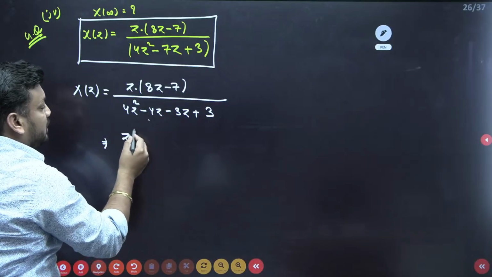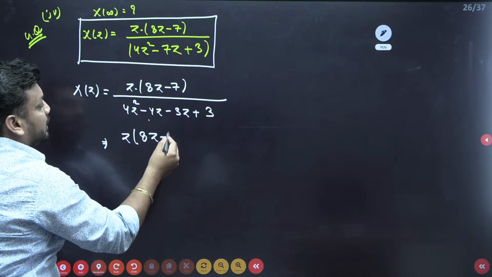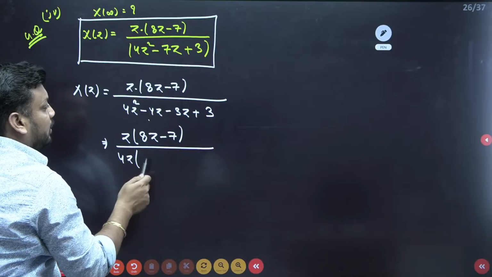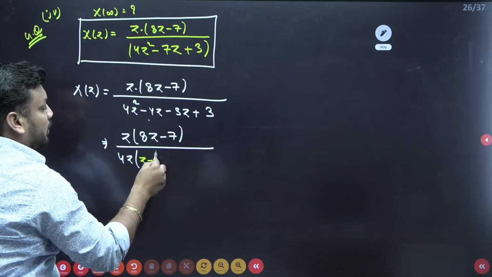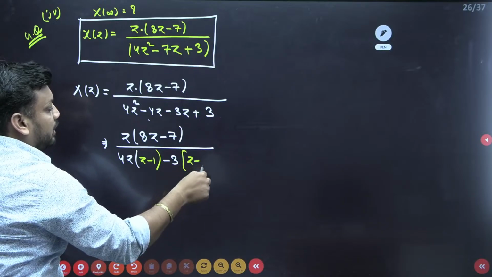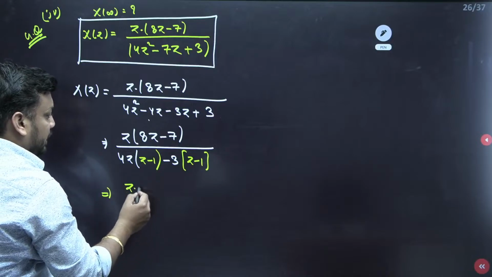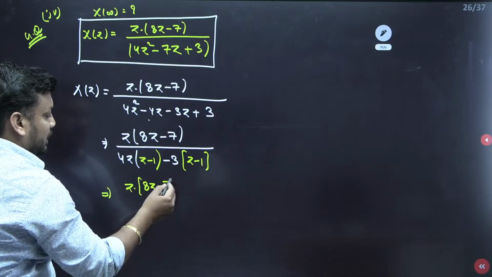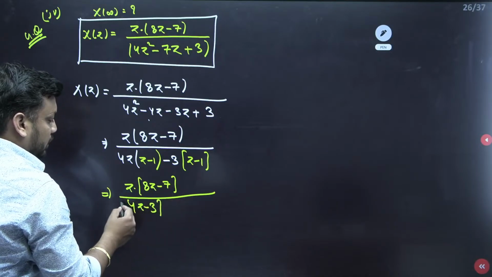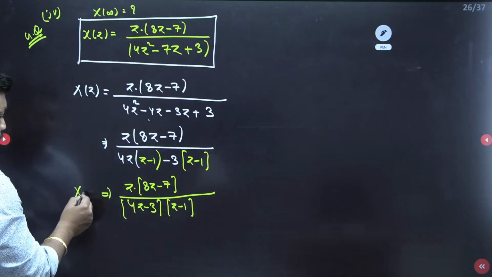The numerator is still the same. Taking 4z common you get z minus 1, and taking minus 3 common you get z minus 1. So ultimately you get z into 8z minus 7 upon 4z minus 3 and z minus 1. So this is your X(z).